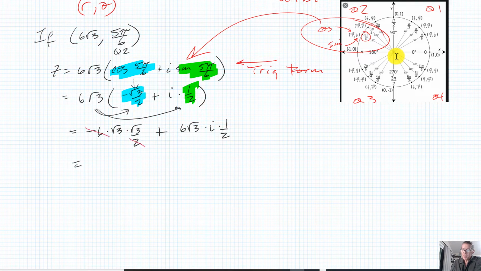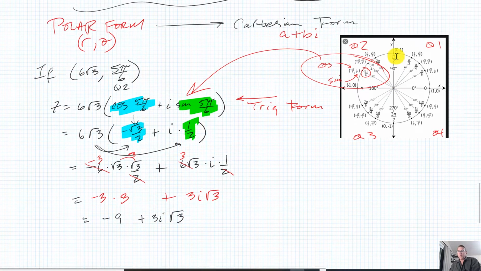Negative 6 divided by 2 is negative 3. Root 3 times root 3 is root 9, and root 9 is just 3. So I got negative 3 times 3. And then 6 divided by 2 is 3, so I get 3i rad 3. Put the i in the middle so you don't get confused with the root 3. So this is obviously negative 9 plus 3i rad 3.